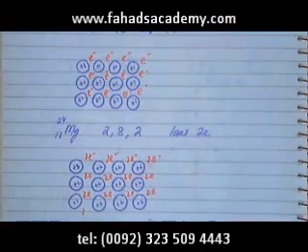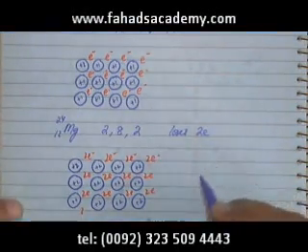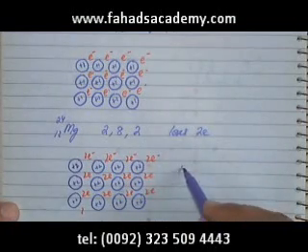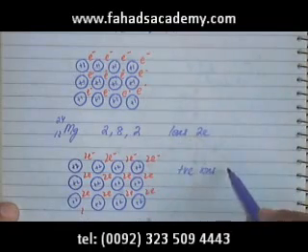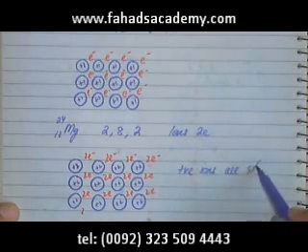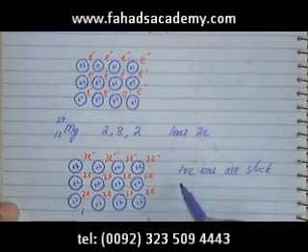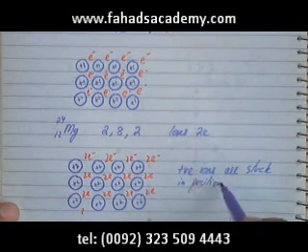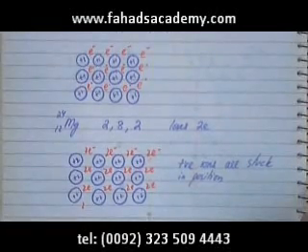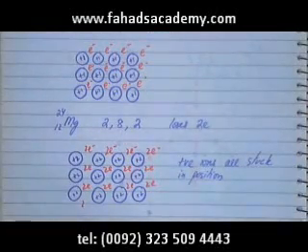Another thing that you need to remember is that the positive ions in this structure in solid state are stuck in position. They cannot move. Only the electrons are delocalized and only they are free moving.